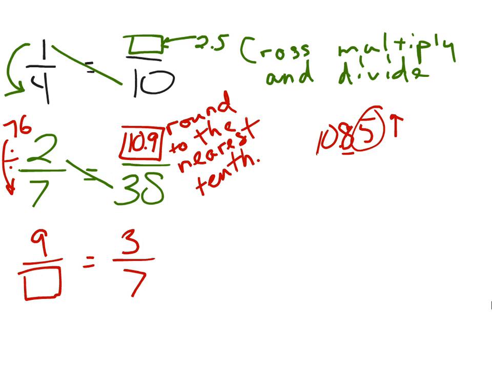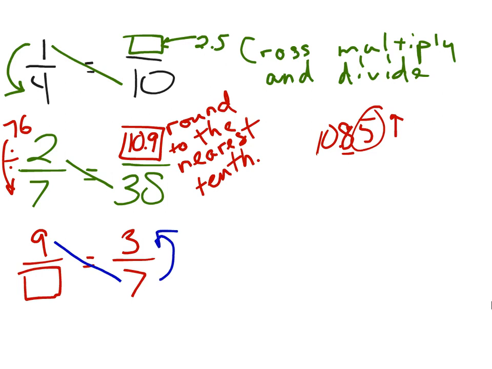All right, copy down this example. 9 over blank equals 3/7. Again, I'm going to cross multiply, and it's going to be opposite of that blank right there. So 9 times 7, this is one of your basic math multiplication items that you should know, 9 times 7.